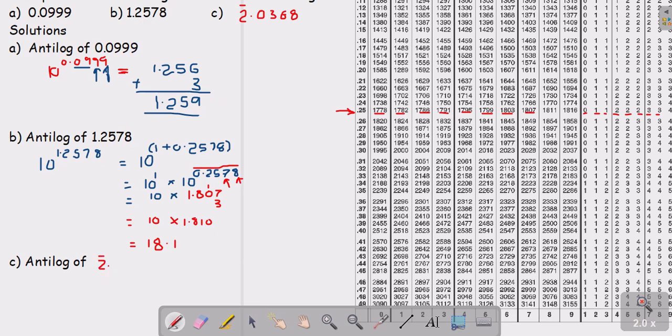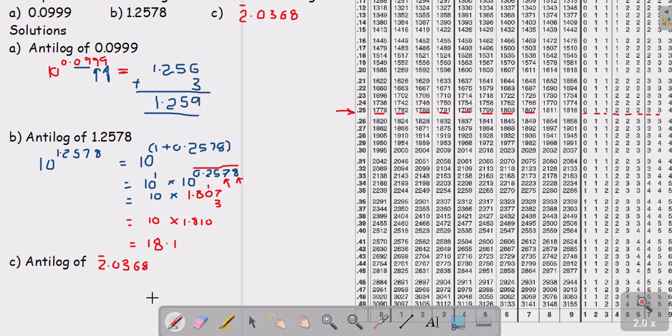Remember in logarithms I told you negatives we write them like this, then 0.03, 3, then 6, and then 8.